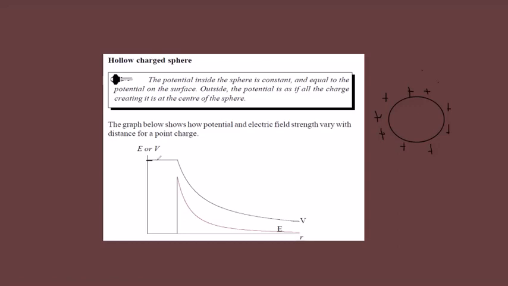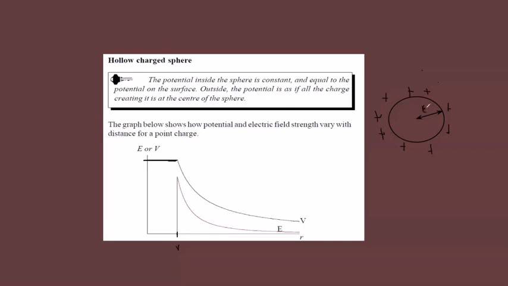Here you see a constant voltage within this charged sphere, the hollow sphere. Electric field is zero. If I say this r is the radius of this sphere, there is no electric field inside.